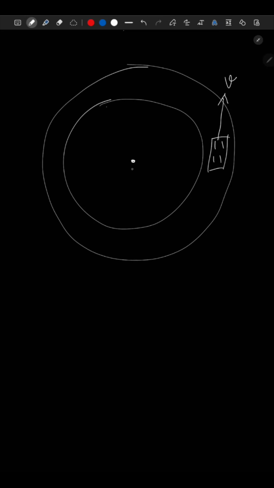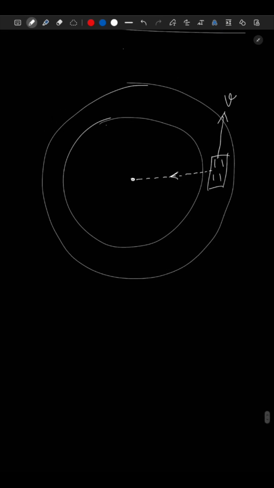This is the center, and there's a force that is providing the centripetal force, and it is the frictional force between the tires of your car and the road surface. When the car is going around a corner or a roundabout, it is the frictional force between the tires of your car and the road surface that provides the centripetal force.